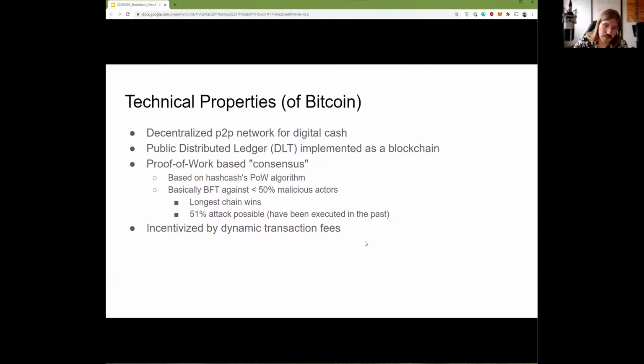And the whole idea, and this is a very clever idea at its core, is that it's more profitable for you to be an honest actor in the system and participate in this proof of work instead of attacking it. So instead of using your computing power to attack the network, you earn more by just being an honest actor. Very clever solution to this Byzantine fault tolerance problem.